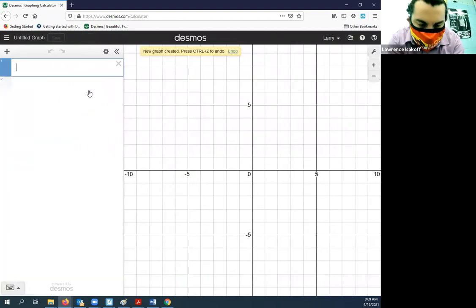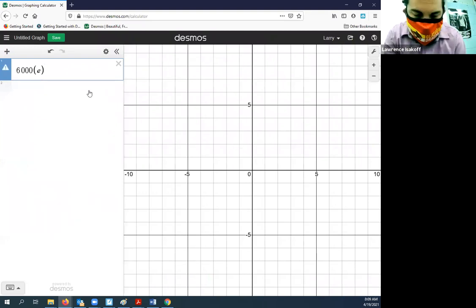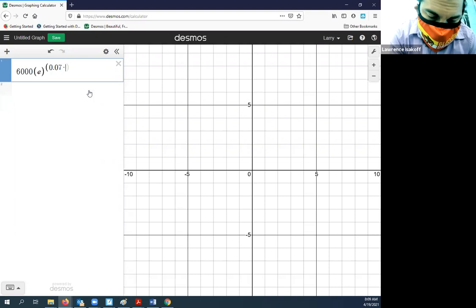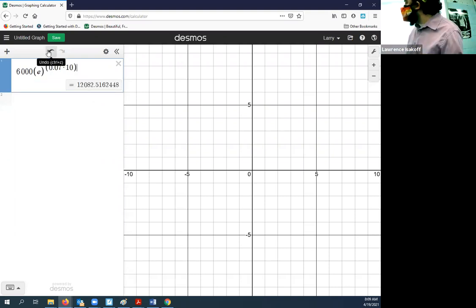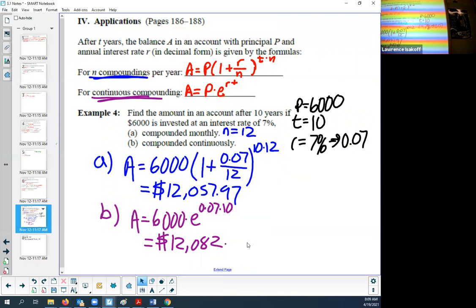Takes 2 seconds to type it back in. $6,000 times e to the 7% interest for 10 years. Oh, 52 cents, not 62. So again, we did earn a little more money with that continuous interest.